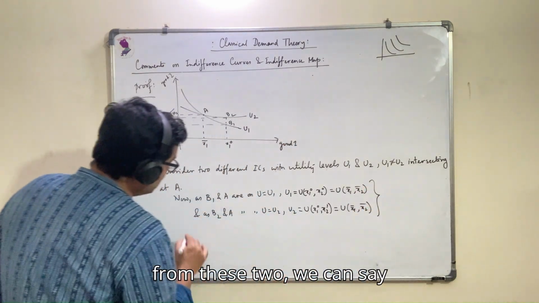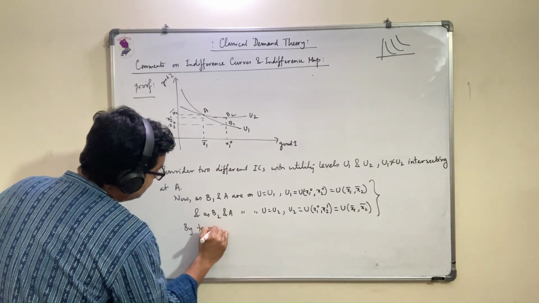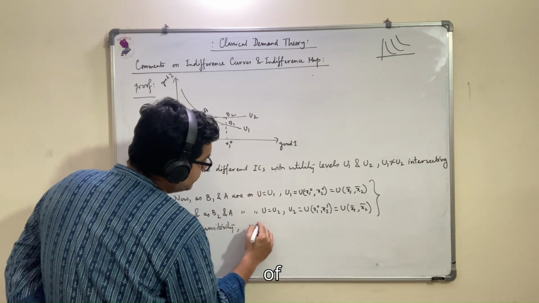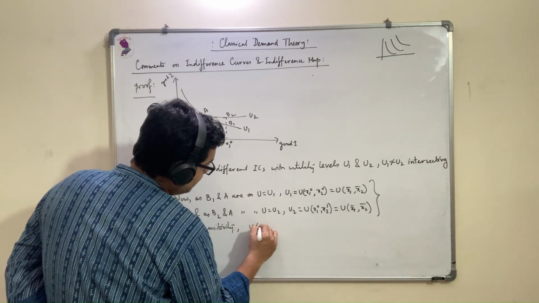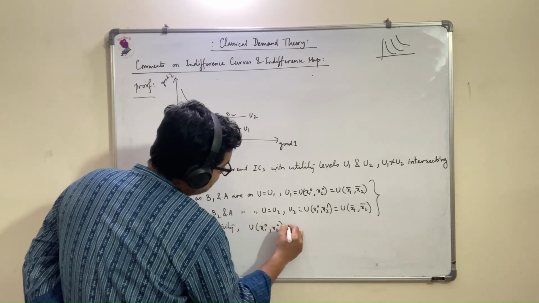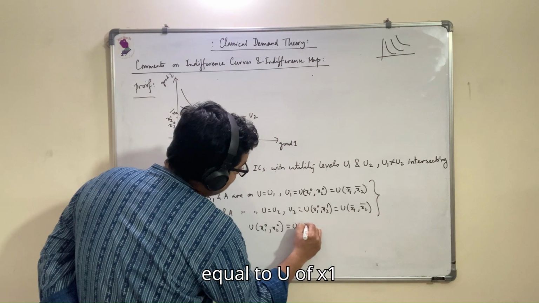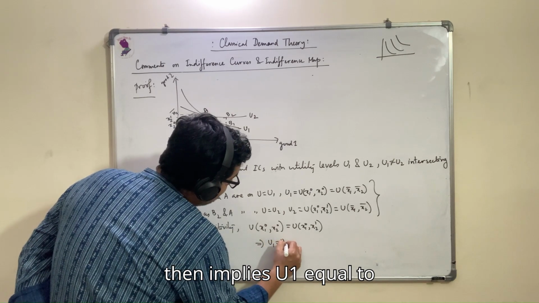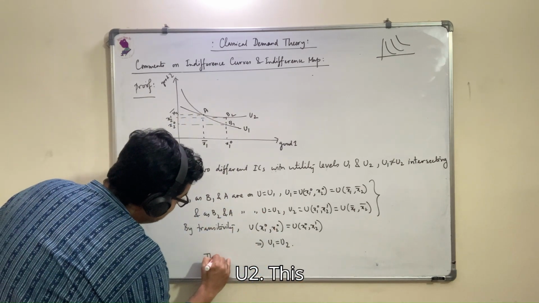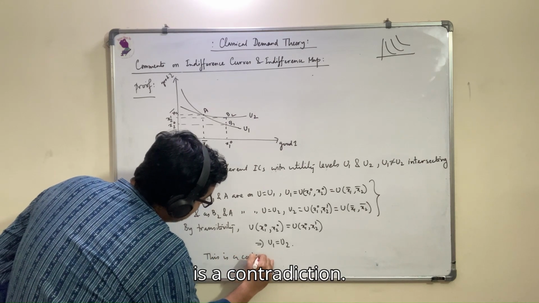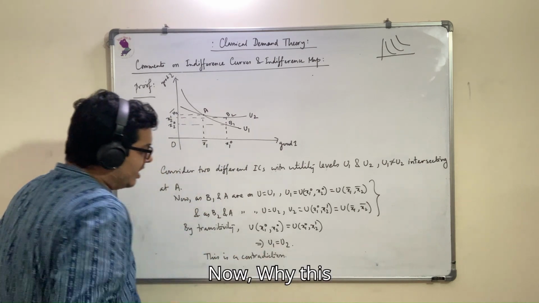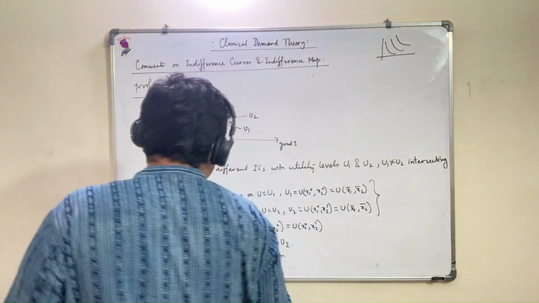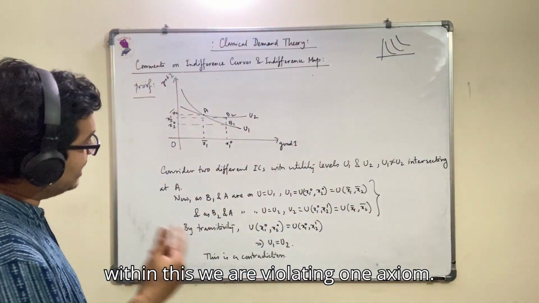So from these two we can say that by transitivity u of x1 naught, x2 naught equal to u of x1 naught, x21, which then implies u1 equal to u2. And this is a contradiction. Now, why is this contradiction here? Because within this we are violating one axiom.